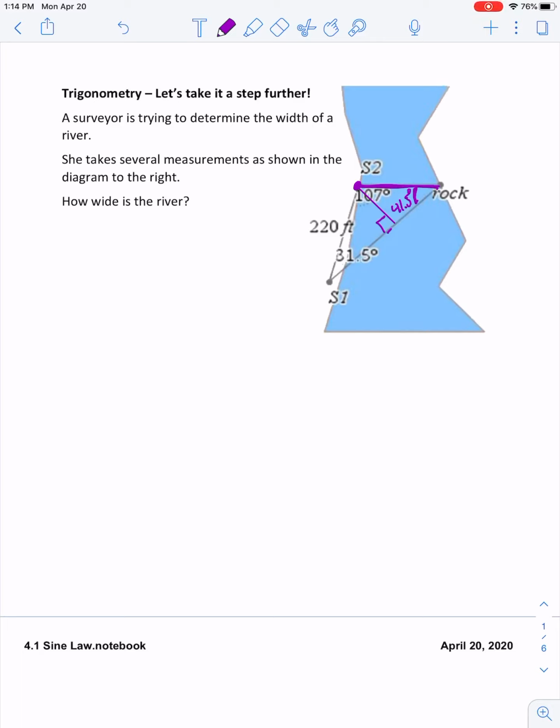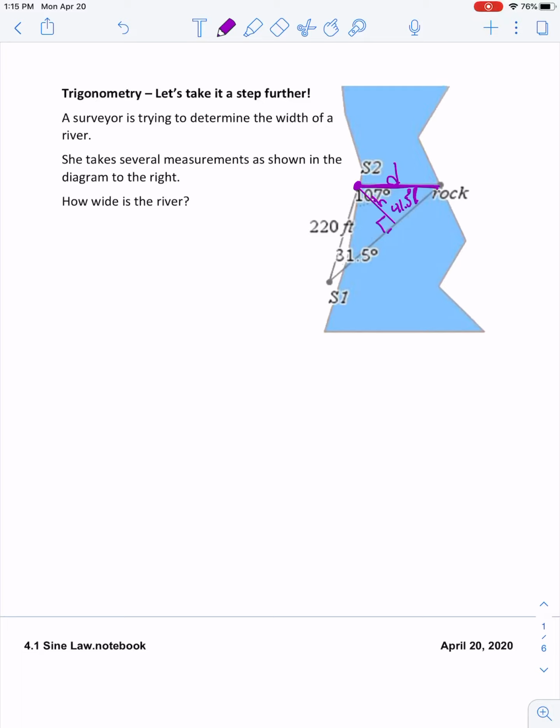You can call that H if you want, or A, or whatever you want to call it. And I suggest that there is definitely a way, we'll call this distance here D, to figure out how long D is if we take this triangle and divide it up into pieces. So go ahead and try that. And when you're done, you can restart the video.